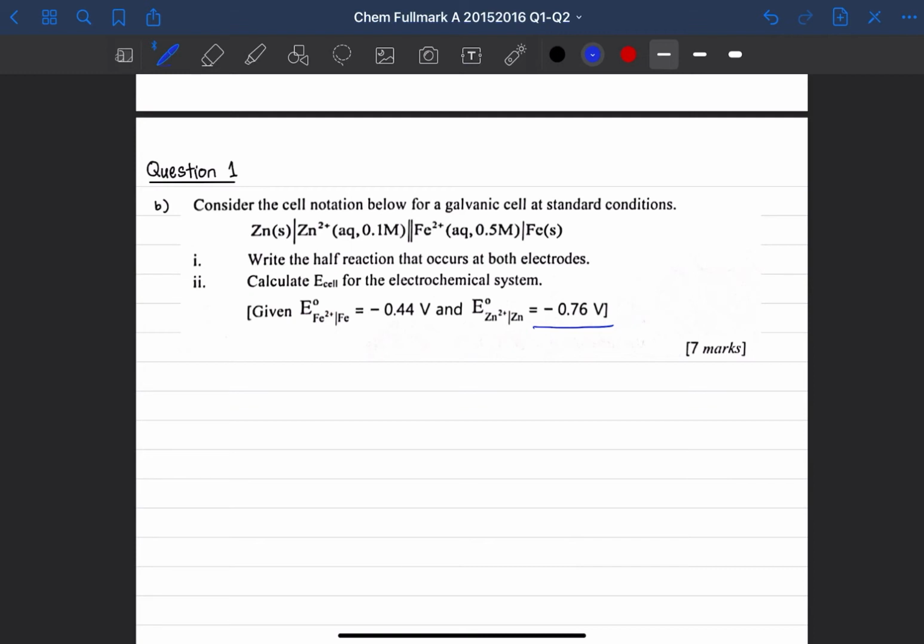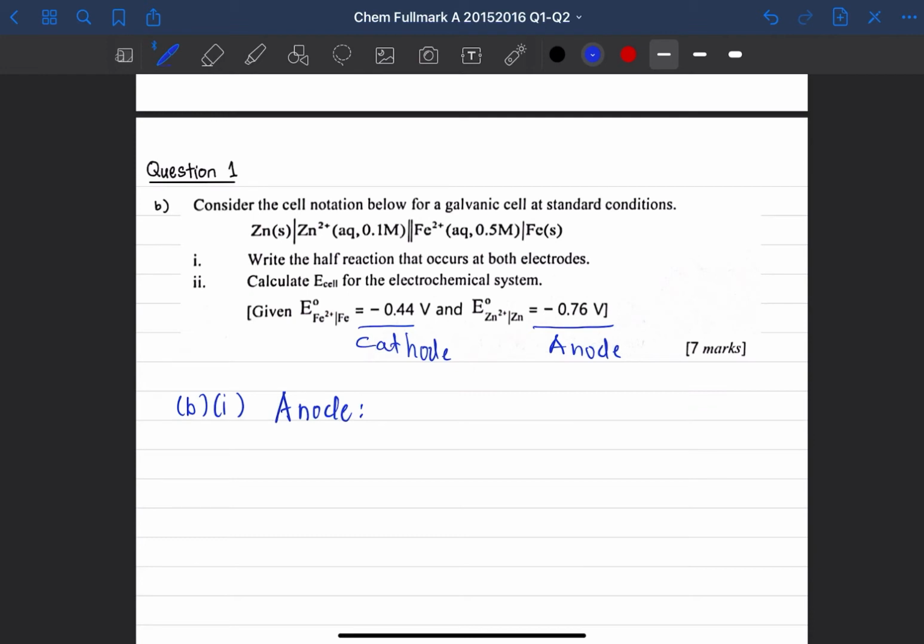So the zinc electrode will become the anode. More negative is anode and less negative becomes cathode.